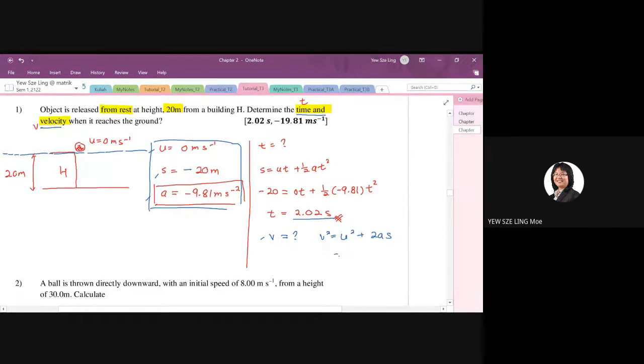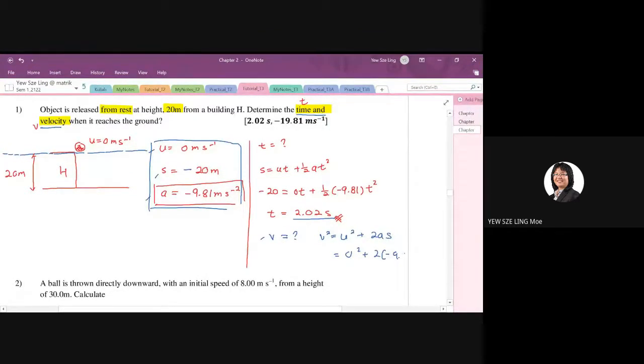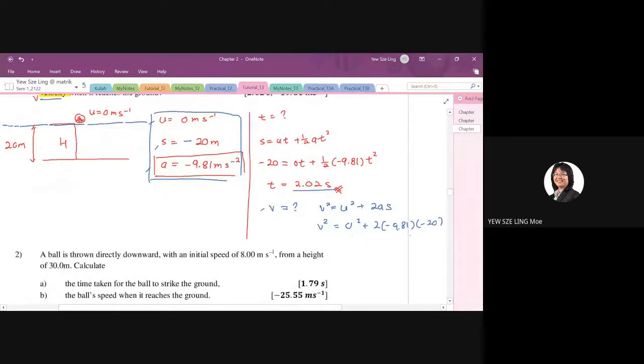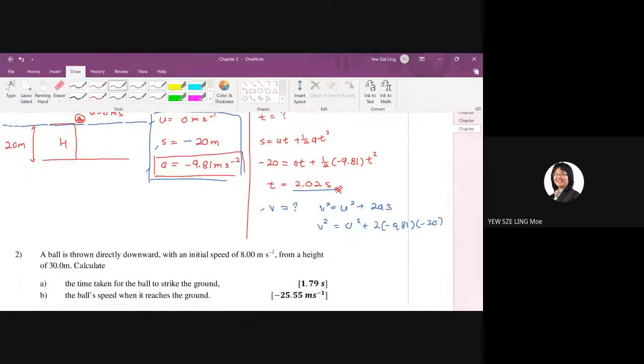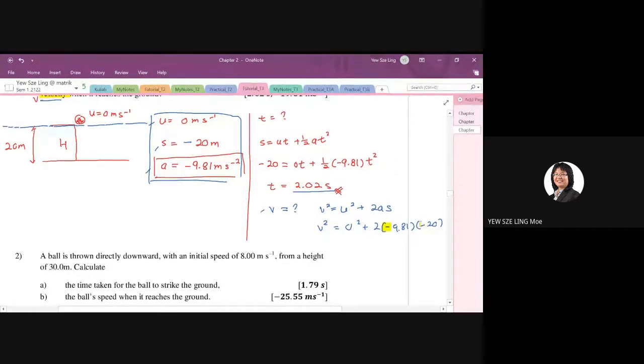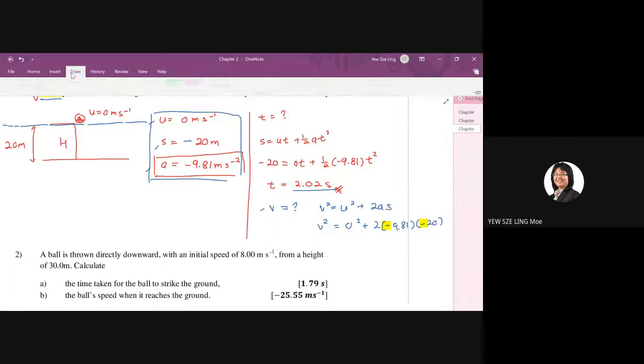So v squared equals 0 squared plus 2 times negative 9.81 times negative 20. Now, if you look at this substitution for v, if you forgot to include one of the negative signs, then you won't be able to solve this equation.